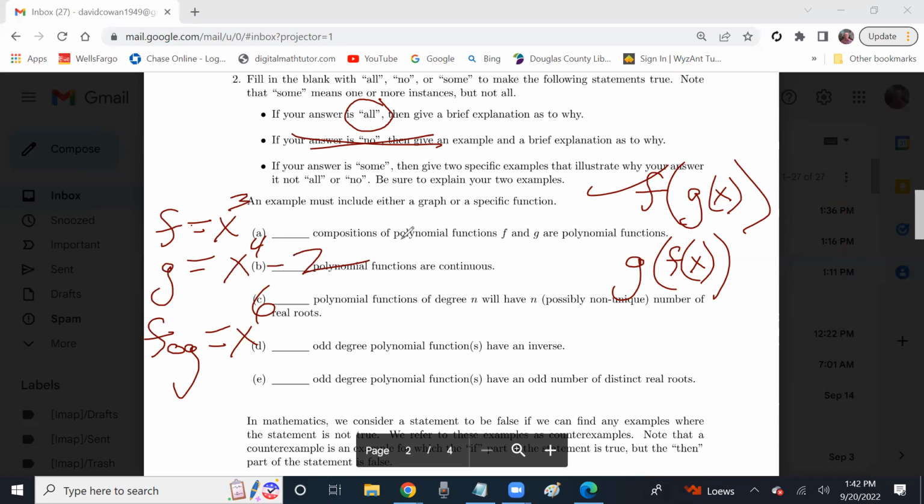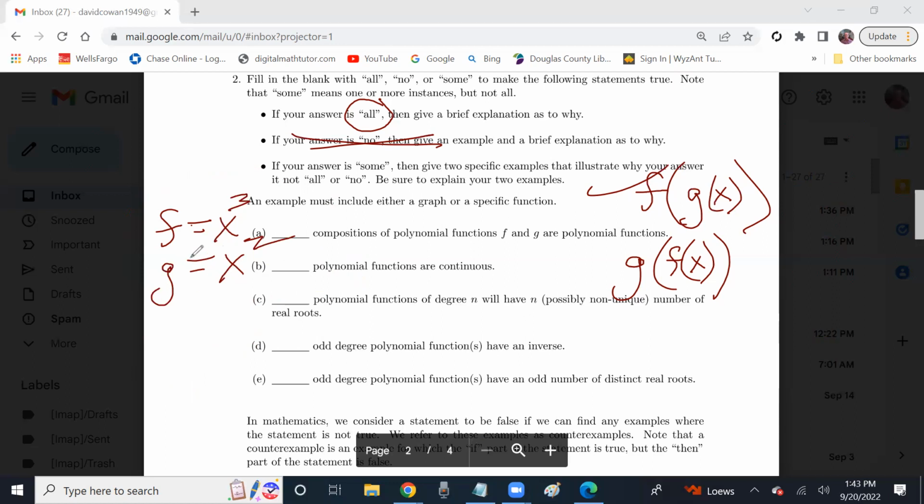G equals -2 is a polynomial. However I combine those, I am going to get a polynomial. Hold on a second, let's see. If I made this, maybe that's not true. That's the way to do these: all you have to do is find one that is not a polynomial, and then we know the answer is some.